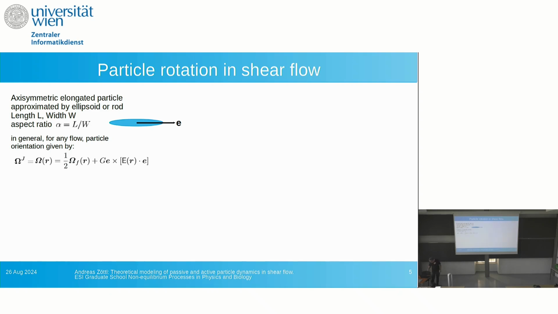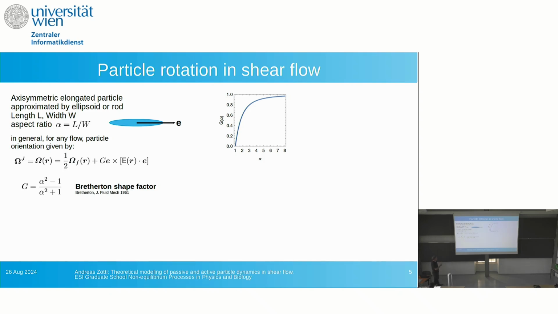And you can show that for ellipsoids, this factor G, this shape factor, is just given by this formula. It's the aspect ratio squared minus 1 divided by aspect ratio squared plus 1. And this G factor is also sometimes called the Bretherton shape factor.